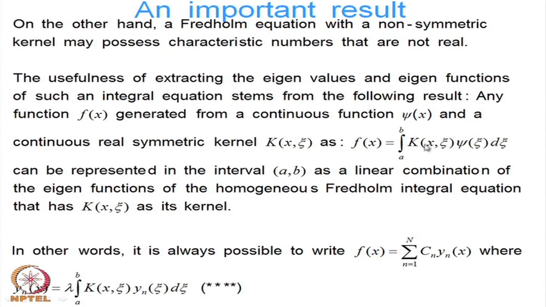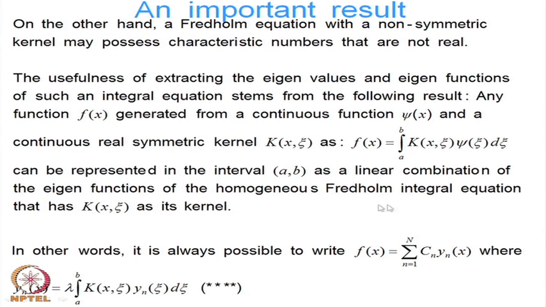And suppose I take the kernel and I take the product with psi of x and I integrate within the limits a and b, and I generate a function f of x. Then I am assured that in that case I can always represent f of x as a linear combination of the eigenfunctions of the homogeneous Fredholm integral equation with k of x, xi as its kernel.